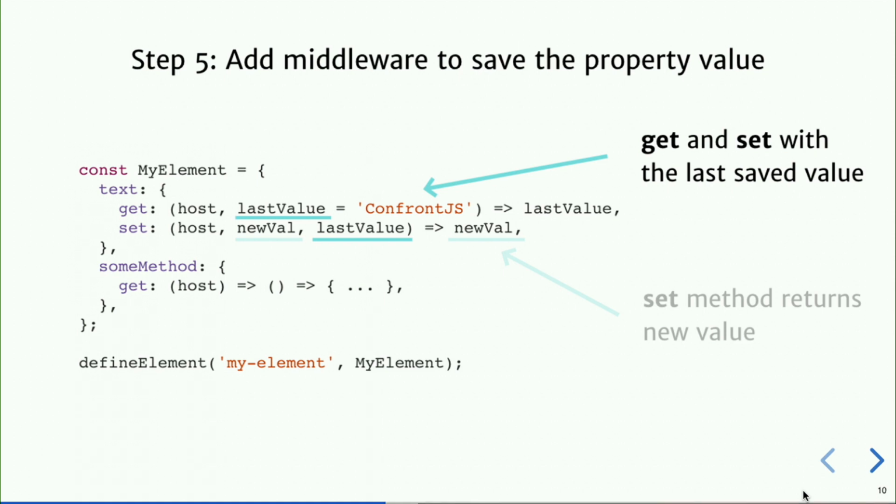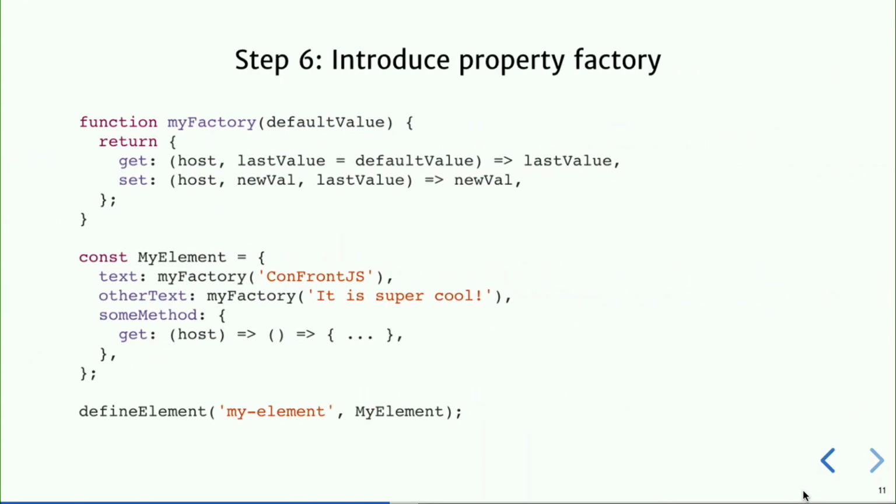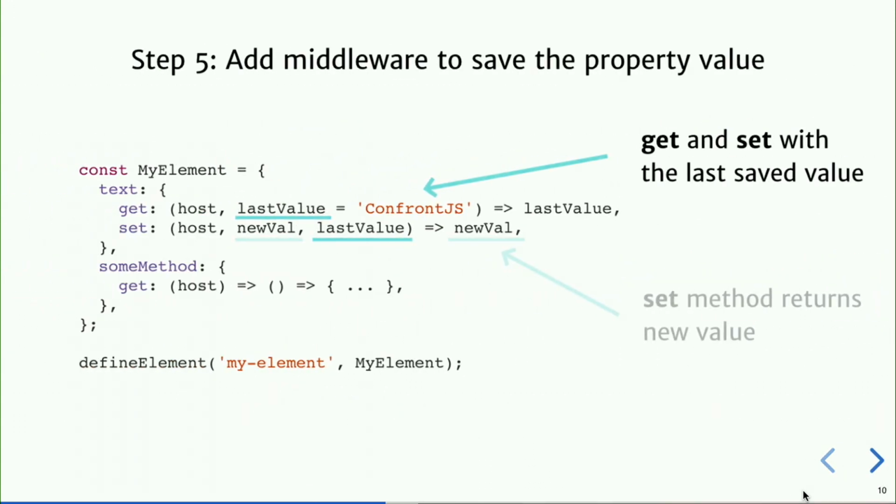So we tell that the getter can take a second argument as the last value. It can have a default value of ConFrontJS or just return the value which the setter set. OK, so that was middleware.